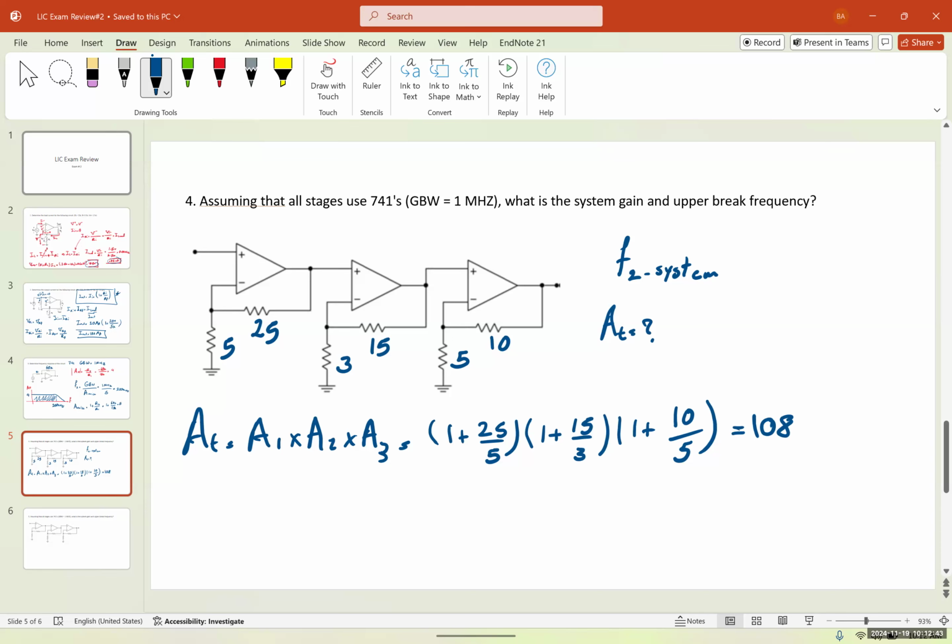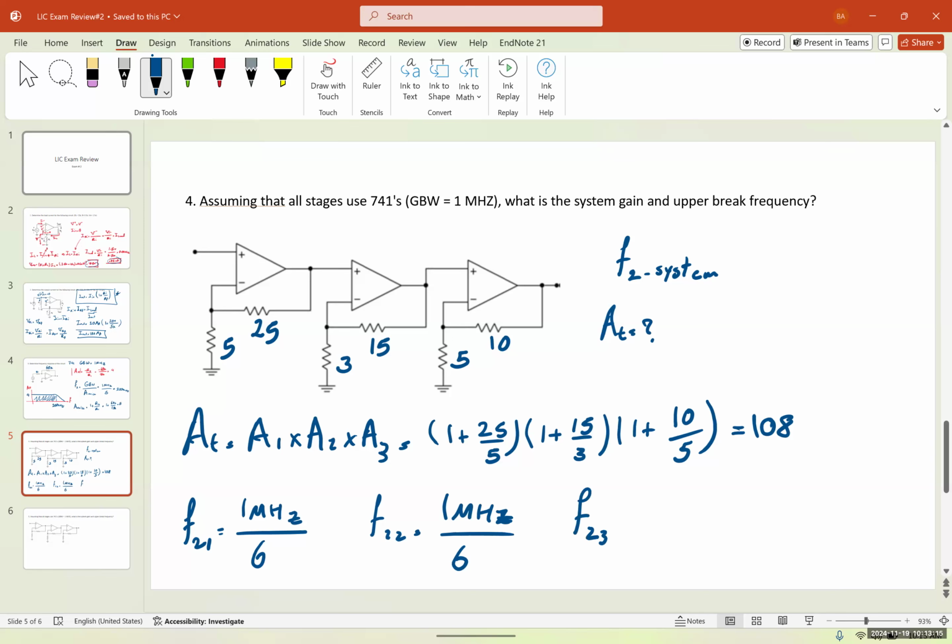Am I correct? Okay. And the upper frequency for stage number 1, I'm going to call it F2 of stage 1, is going to be 1 megahertz over its A noise. And since this is a non-inverting amplifier, A noise and the gain are going to be the same. So 1 megahertz over 6. For the second one, again, it's going to be 1 megahertz over 6.